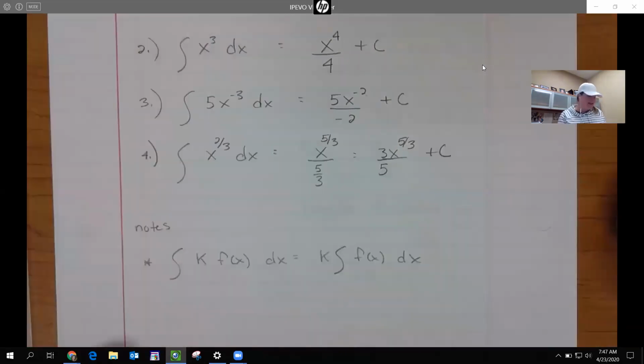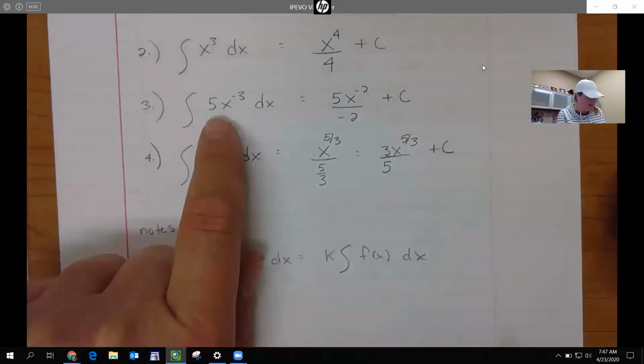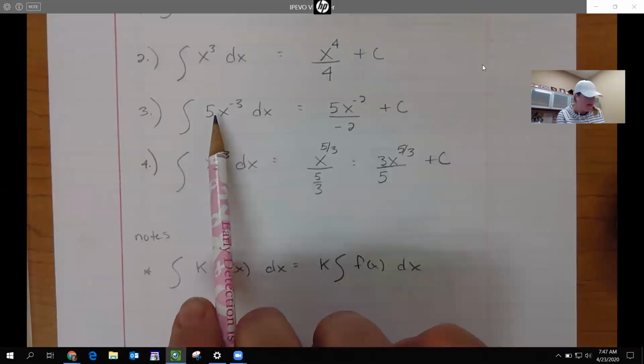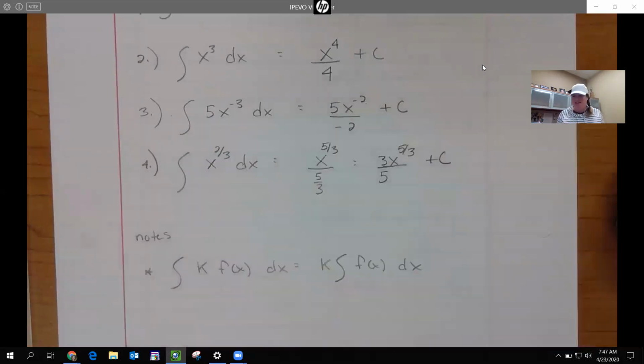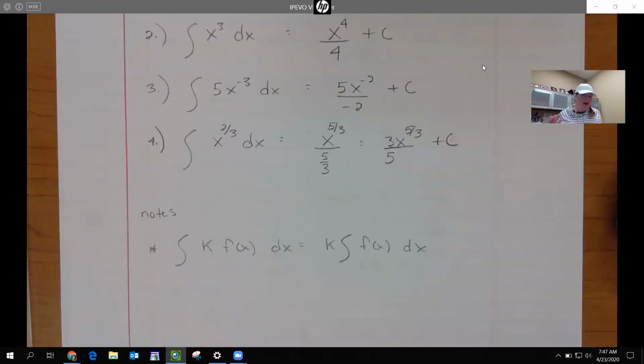So basically, like up here, I could have taken this 5 out front. I could have then dealt with the x and then times it by 5, which is exactly the same thing as what we have. But that might be helpful that we could take the numbers out on some of them. Well, I know it's helpful. So there's one rule.